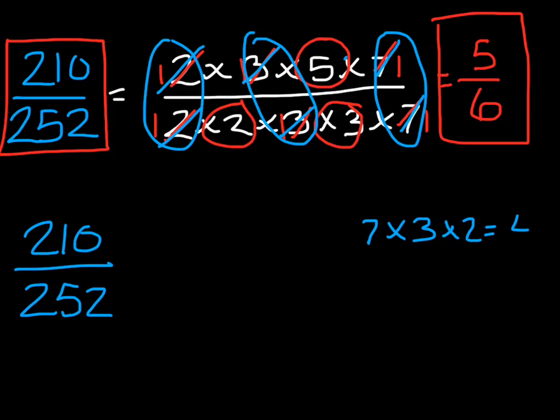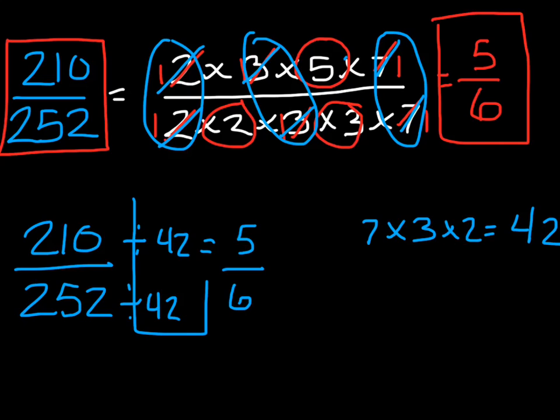If I could tell you that the greatest common factor was 42, I could do this, and I would get 5, and I would get 6. But I would never in a million years know that the greatest common factor of those numbers was 42, unless I used canceling. Okay? Canceling. Give it a shot. All right, good luck, everyone.